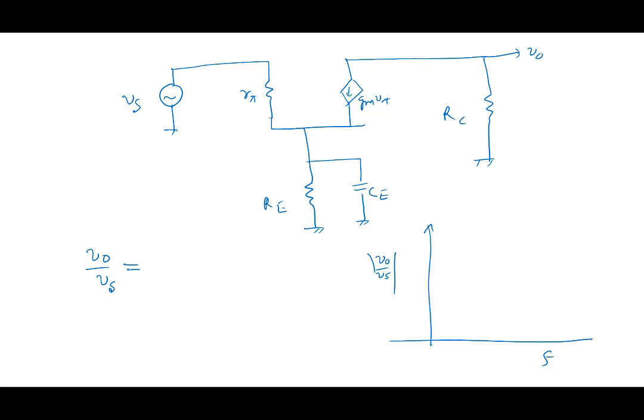What will be the variation of V0 by Vs as a function of frequency?